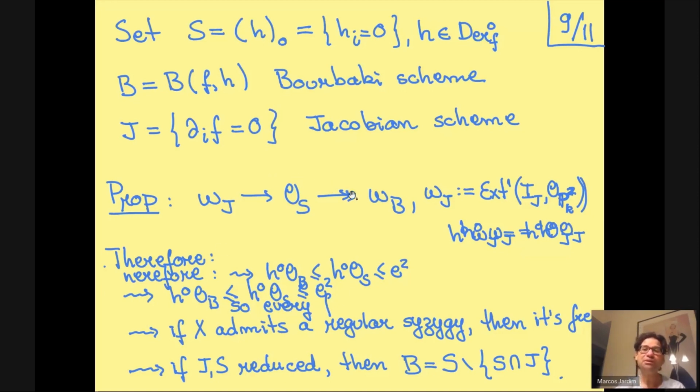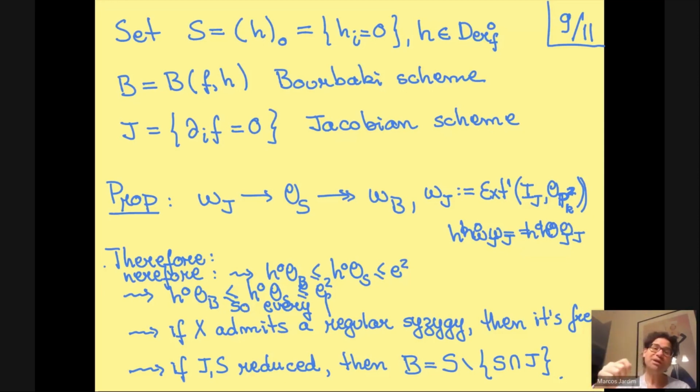So one way to interpret the Bourbaki scheme is the following. If you look at a vector field in P2 that is tangent to the curve, at the points of the curve this vector field will have zeros on the singularities of the curve, because the singularities of the curve are precisely where the tangent vector to the curve vanishes.